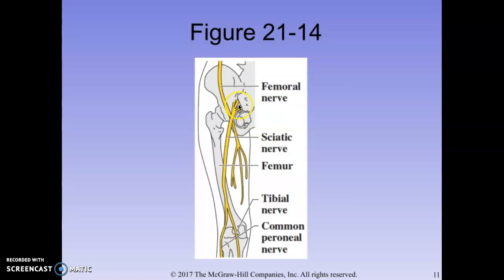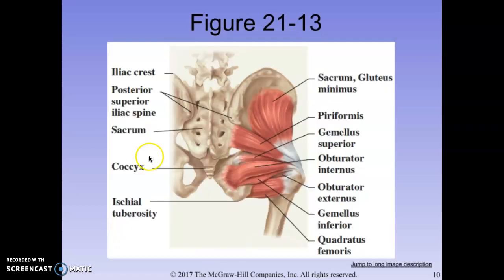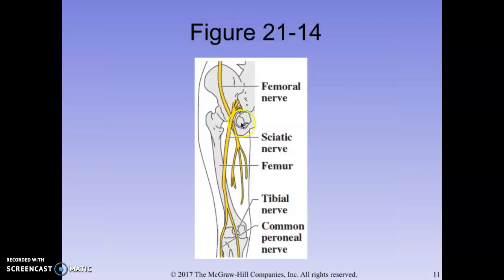But a lot of times what happens is all those muscles that we've seen in previous slides sit over the top of it, and specifically looking back at this PSIS joint, the piriformis muscle right here, if it's really tight, will cause compression. See, the piriformis is going to come out right here, and it can put pressure on that sciatic nerve.